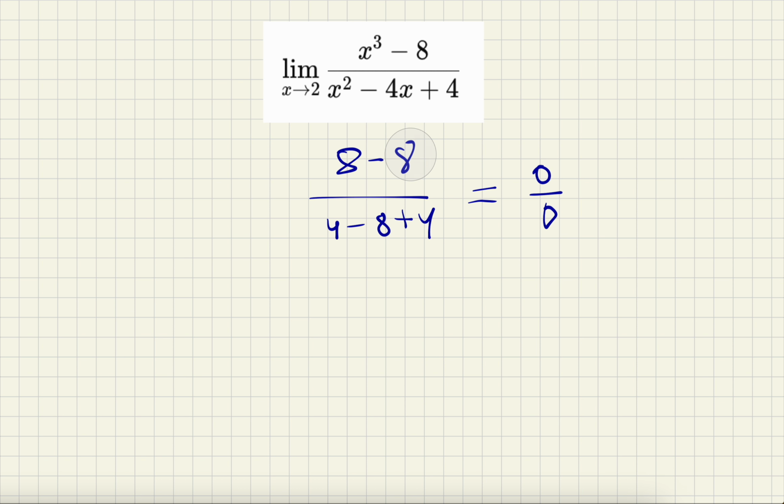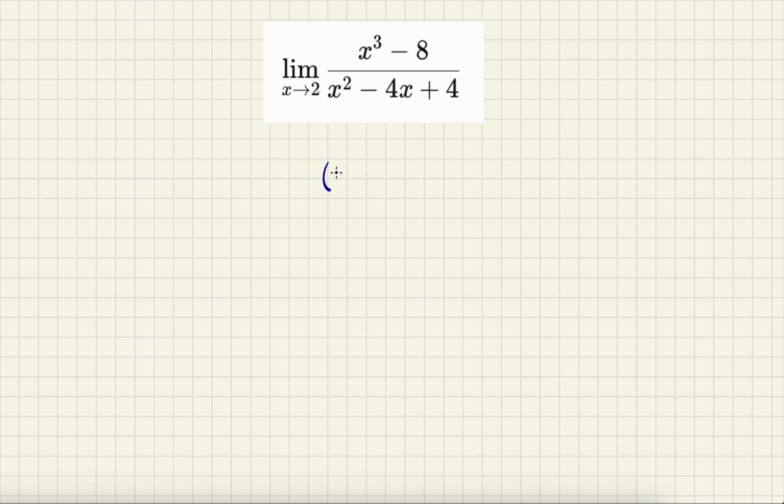And so now that we know that this is an indeterminate function, we know that we need to manipulate this in some way. And if you look at this function, you'll notice that you can use an algebraic identity for the numerator, and that identity is a cubed minus b cubed. So in this case, a is x and b is 2.